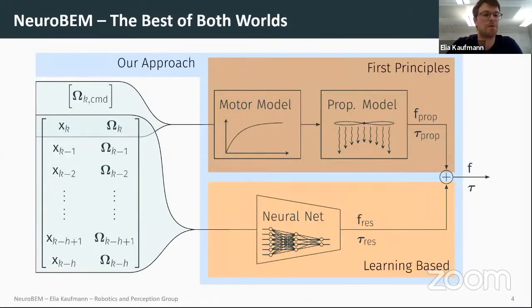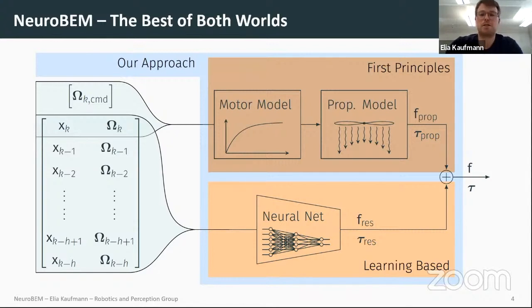So how exactly do we approach the task of accurate quadrotor modeling? Our method, we call it NeuroBEM, combines the benefits of machine learning with classical first principle modeling. Specifically, we use blade element momentum theory, illustrated at the top, to model single propellers, and then augment this prediction of blade element momentum theory with a neural network, here illustrated at the bottom, that is trained on the residual forces and torques.